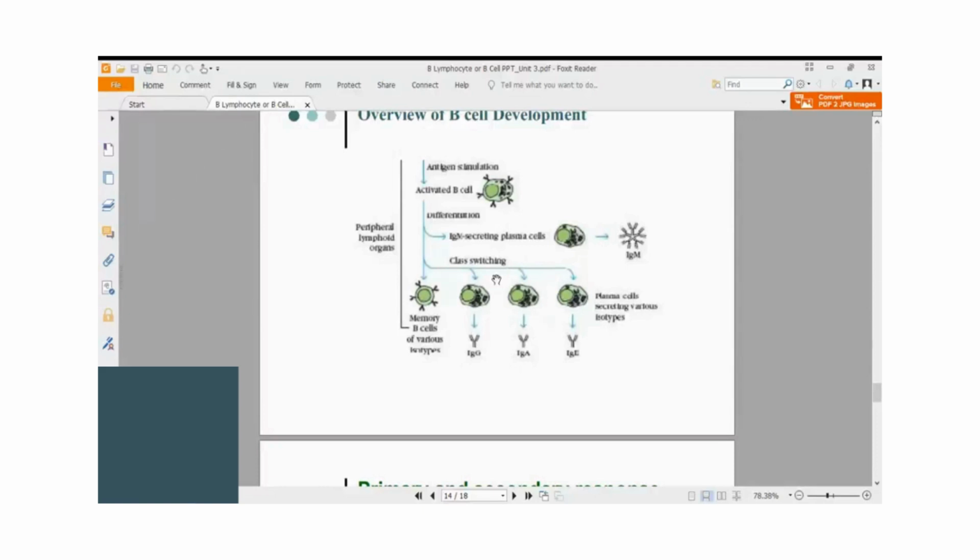Similarly, somatic hypermutation is a phenomenon which happens in the variable region of the antibody to put in the best fit receptor for the antigen interaction. In that process, some of the mutations will be useless, some will be low productive, that is low affinity, and some will be high affinity.